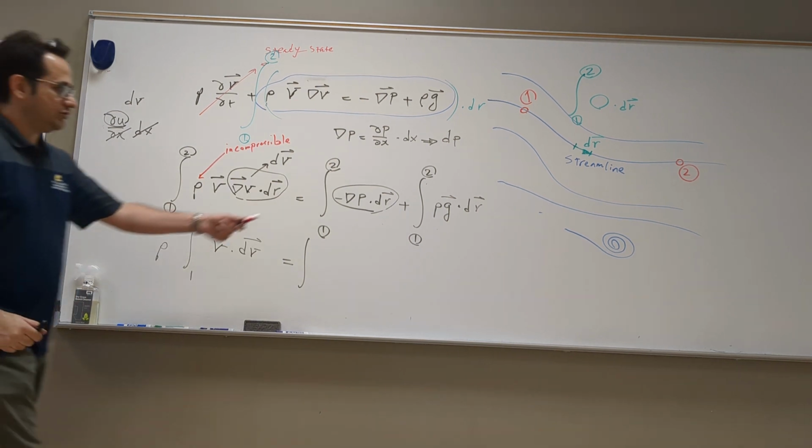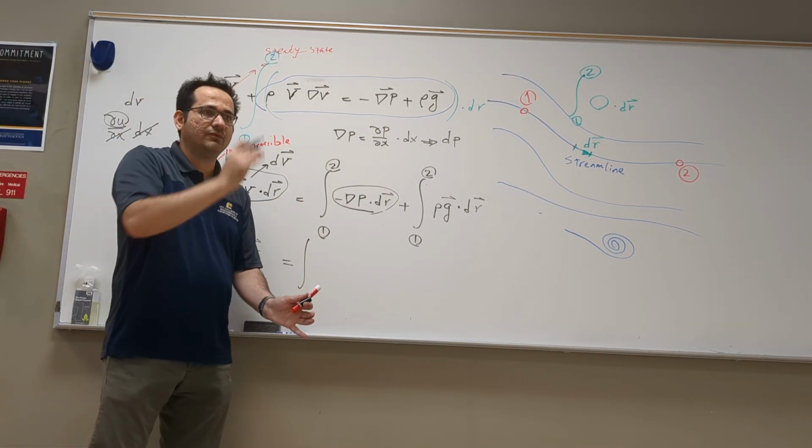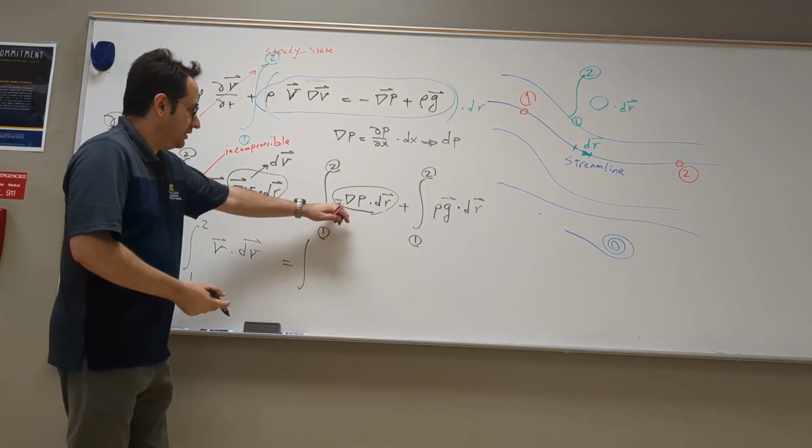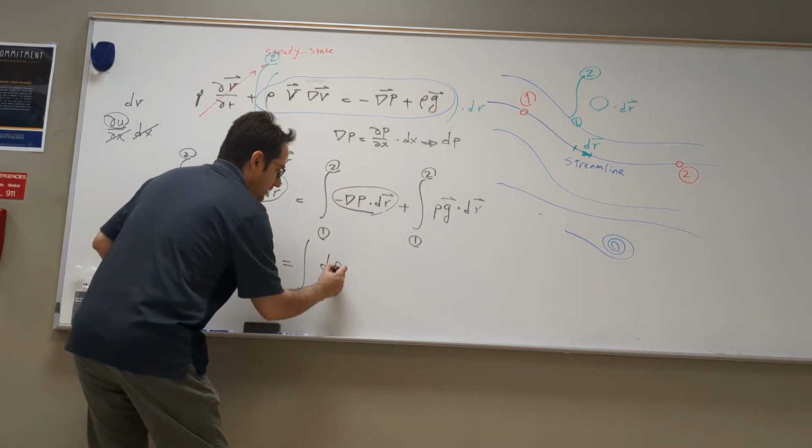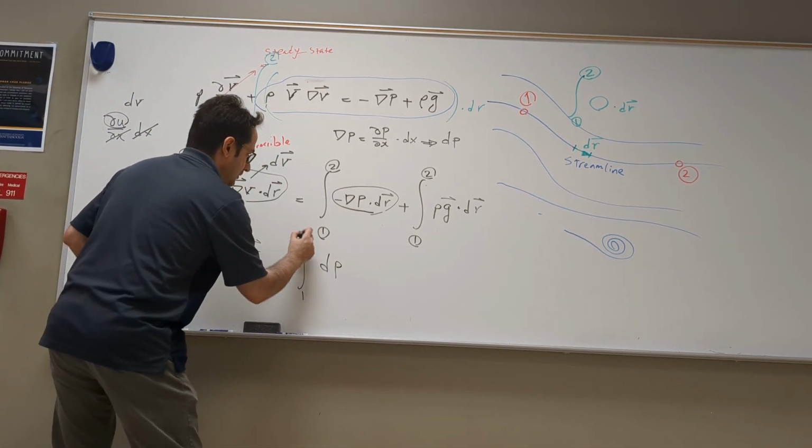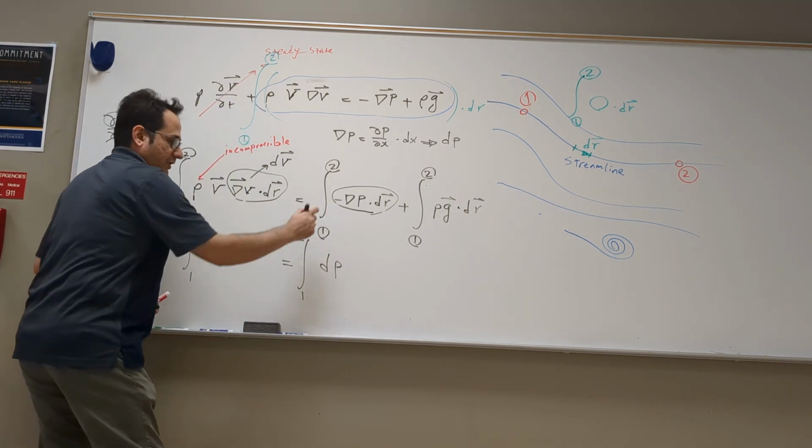Now, in general, in 3D, if you have dx, dy, dz for dr, when you do the dot product, you get the complete differential, dp from 1 to 2. But don't forget this negative sign. Take it out.